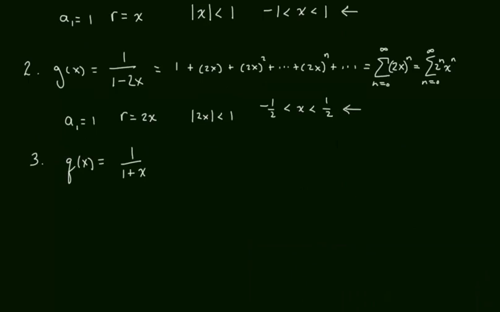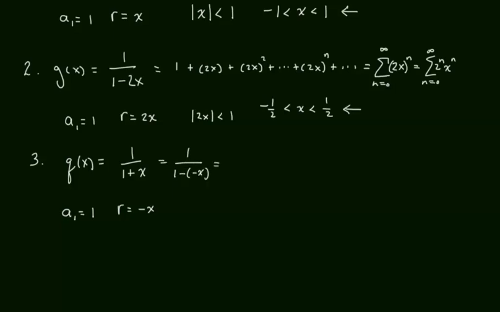Now for the third one, continuing this geometric sum procedure, a1 is 1, but this time you might notice that r is negative x. See, we could write this as 1 over 1 minus a negative x.